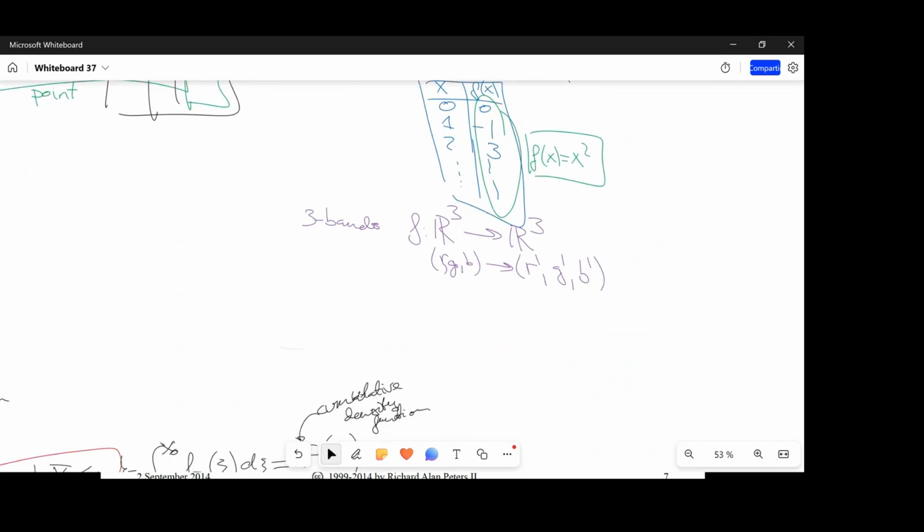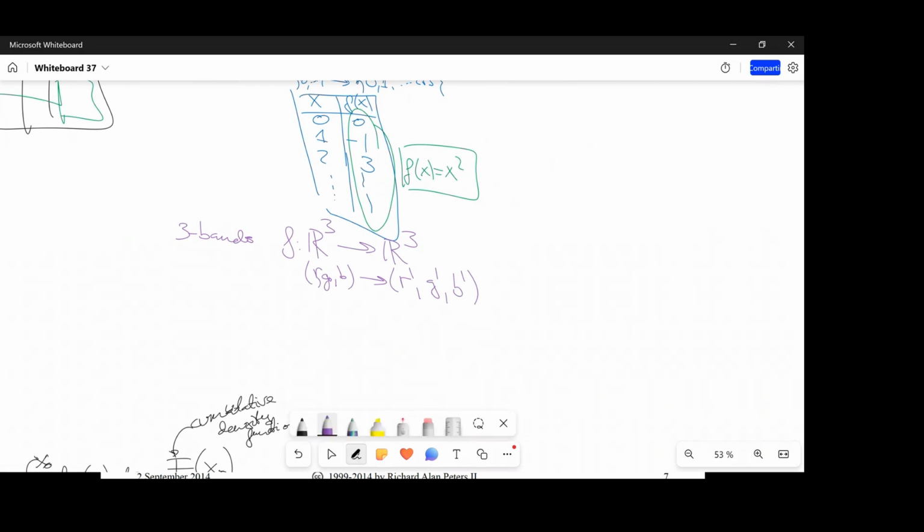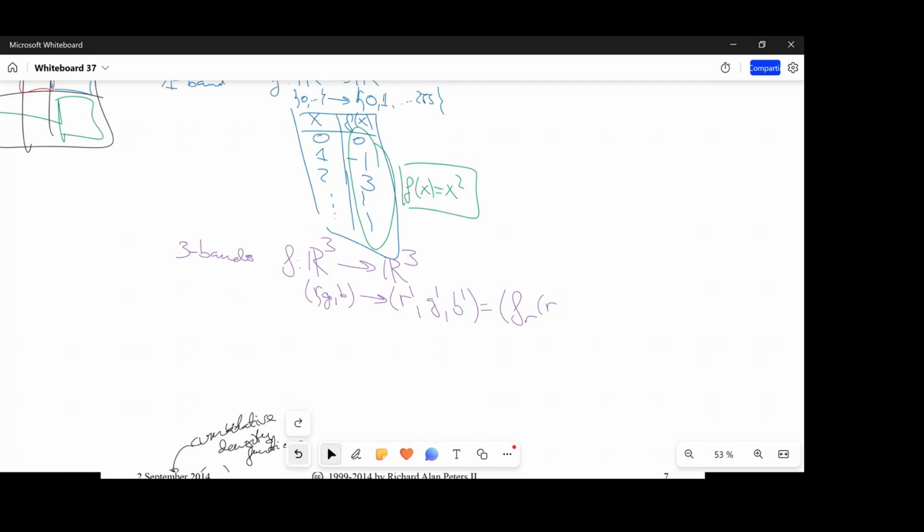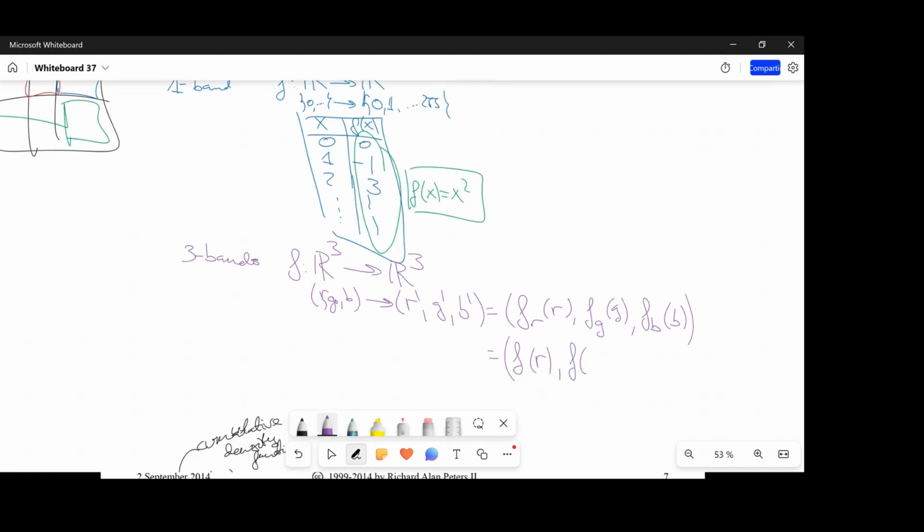One is that each one of the values is independent, so you have an arbitrary function: a function for the red, another function for the green, another function for the blue. This is a possibility. The other possibility is that I force the 3 functions to be the same, that is, a single function, and the same function is applied to the 3 bands. So there are at least 2 possibilities.